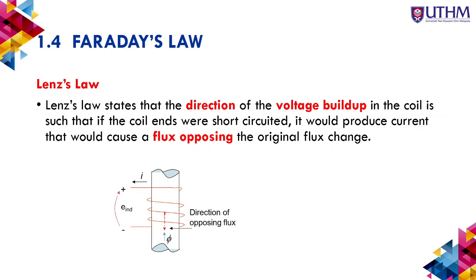Where will the direction of the induced magnetic flux be? In this direction, opposing the direction of the supply flux. I think you can use the right hand rule for the direction. Since this is the induced coil, not the supply coil, current flows through the induced coil. So the voltage will be like this. It becomes like a power supply or a battery.